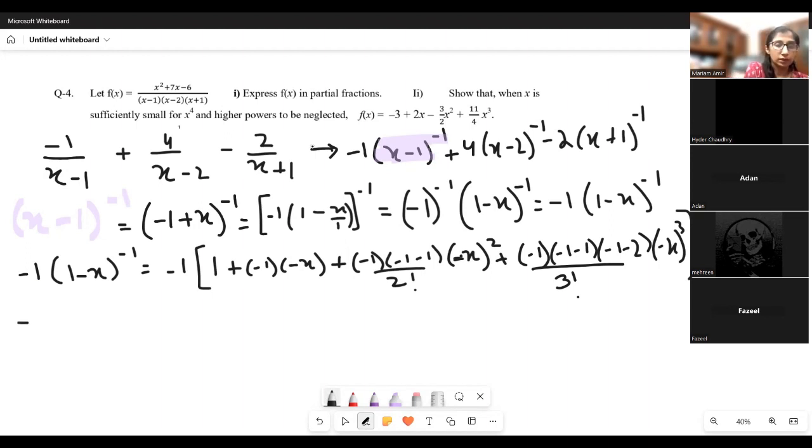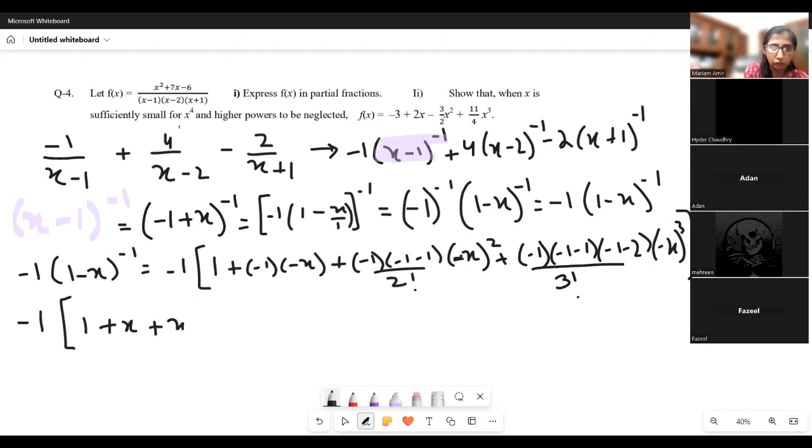Okay, so this would be minus 1 times 1 plus x, and then minus 1 times minus 2 times 1 square divided by 2 factorial, that's just 1.